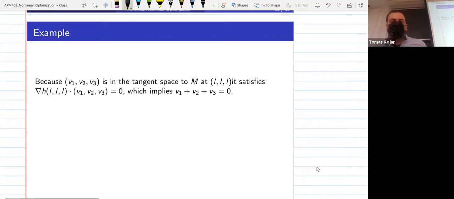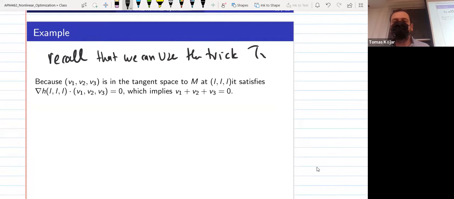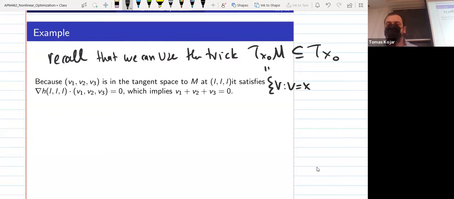So recall that we can use the trick that the tangent space of the manifold at x naught is contained in the kernel of the constraint's gradient. The tangent space is hard, since I don't know if you remember, these are all the v's equal to some differentiable curve's derivative, something crazy.